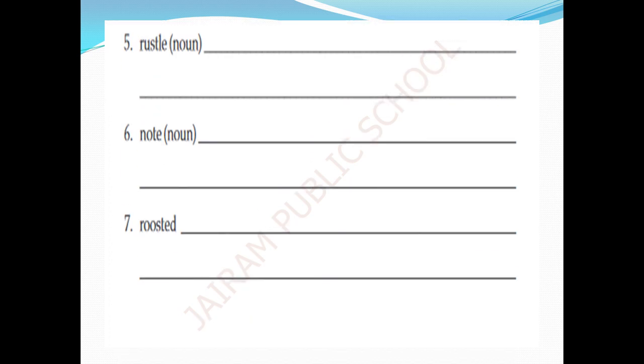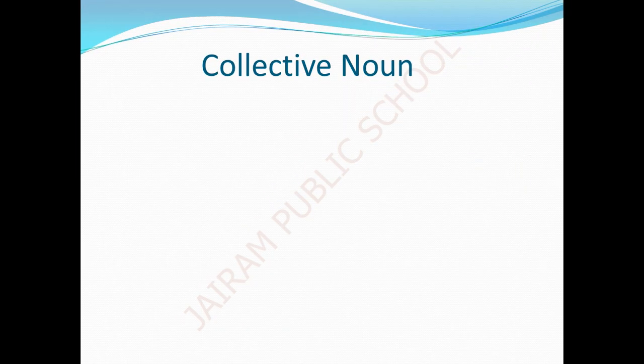I hope these words are also familiar to you. Rustle, note, roosted, which we saw in lesson 1, Mowgli Grows Up. So the words are very familiar to you, to make sentences and write the meaning of the words.